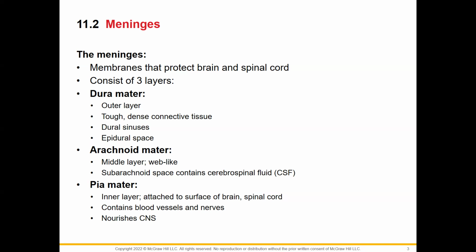So pia mater is the layer that nourishes the meninges. So the three layers of meninges: dura mater, durable mother, most superficial; arachnoid mater, the spider mother, which is in the middle; and the pia mater, or delicate mother, which is the deepest layer that is touching the brain and spinal cord.